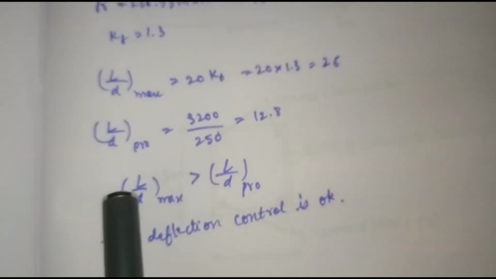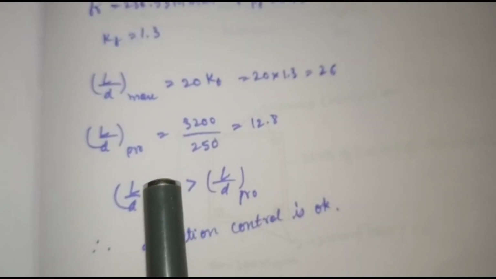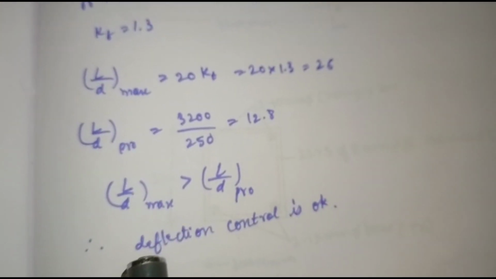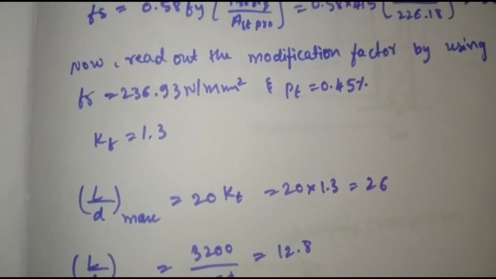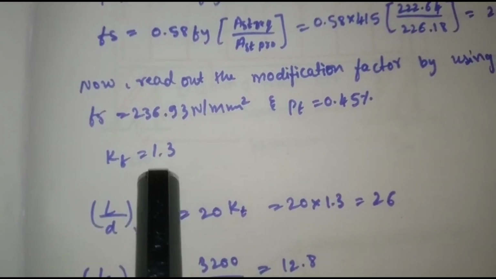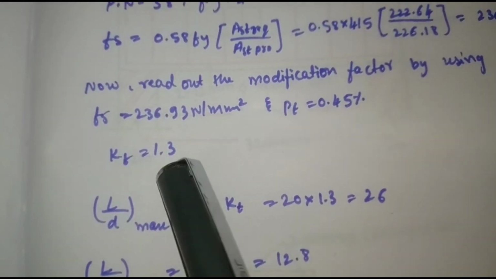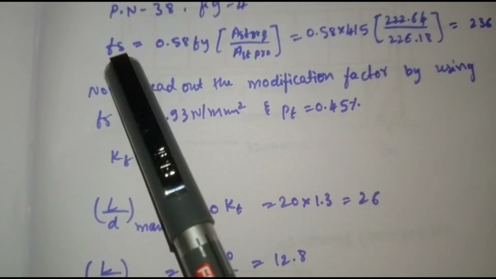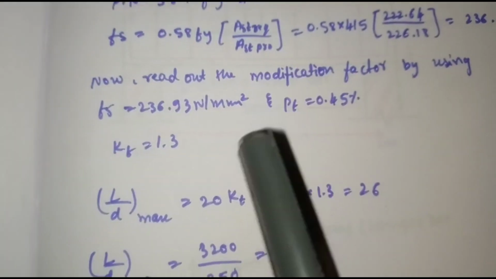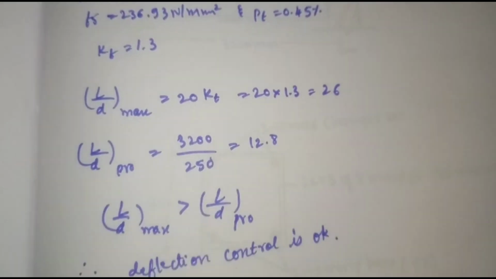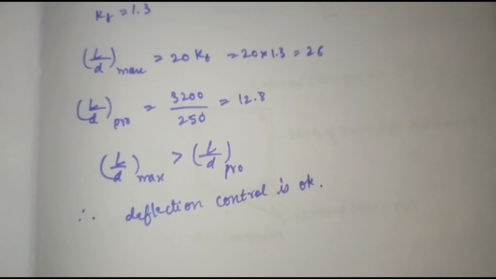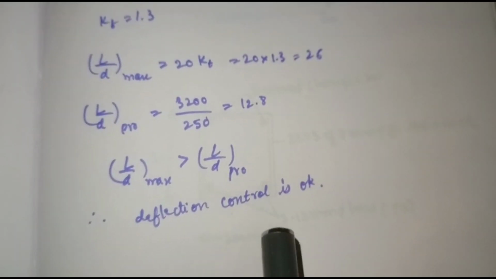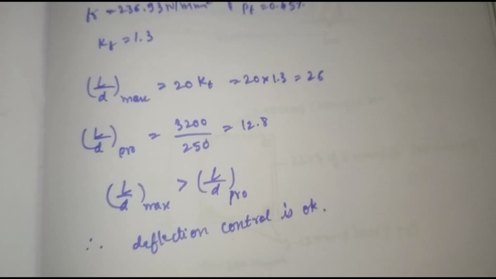To check the deflection control, we need to calculate the modification factor, that is KT. To find out the KT value, we have to calculate the Fs value. So this is how deflection control is calculated.